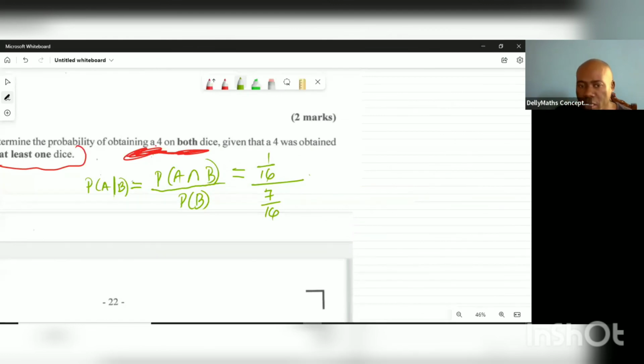So when you put this together, the top number is 1/16, and we want to divide this by 7/16. Then you work out the fractions: you reciprocate, so you see the 16 on top of the 7, and hence the answer is still 1/7.